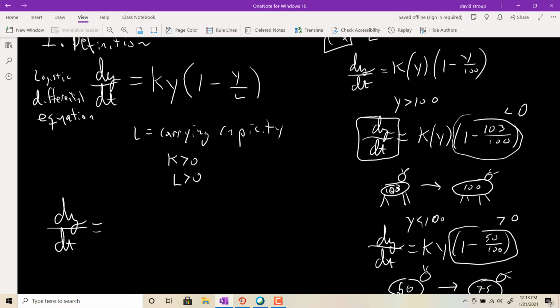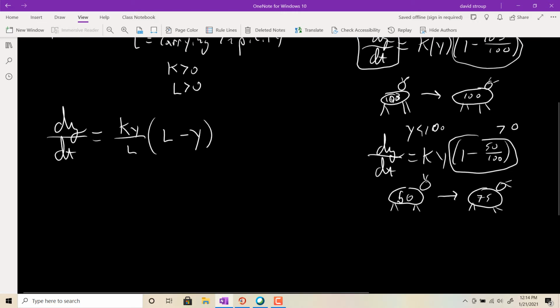First I'm going to rewrite it by factoring out a 1 over L. So I get ky over L times L minus y. I just factored 1 over L out. You can see if I redistributed 1 over L, I'd get 1 minus y over L.